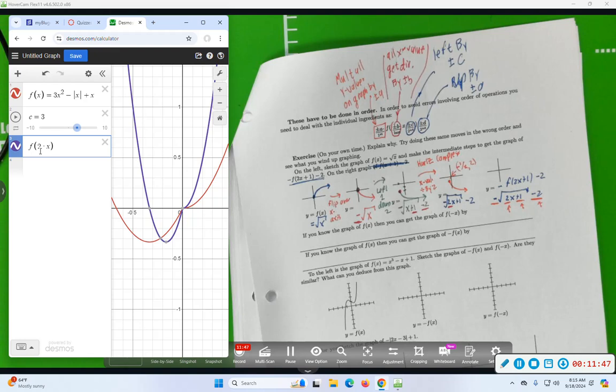And you know what? Let's do one sanity check. Let's plug in an input and see if it agrees with what our graph says. Just give me an input that you might want to plug into this graph. 0. x equals 0, why not?